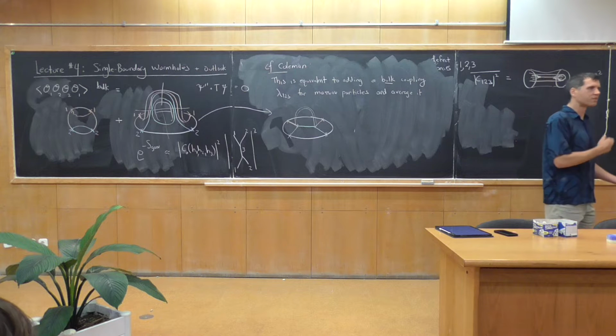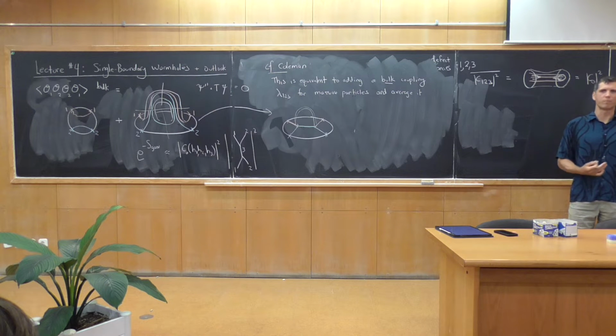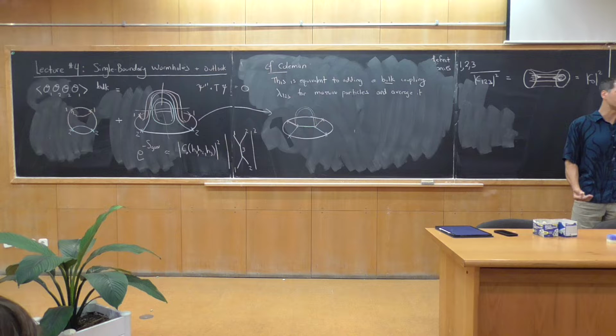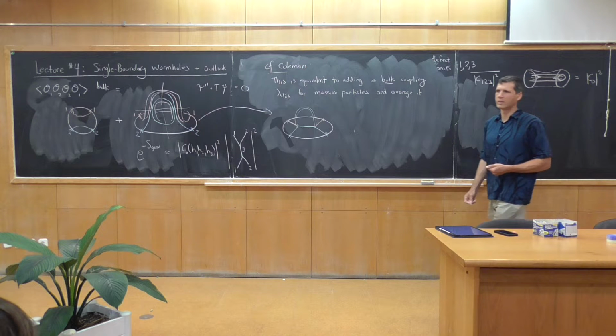So as far as the representations running in the intermediate channel and the kind of interaction being induced, it's just like the Witten diagram for the exchange of particle 3.